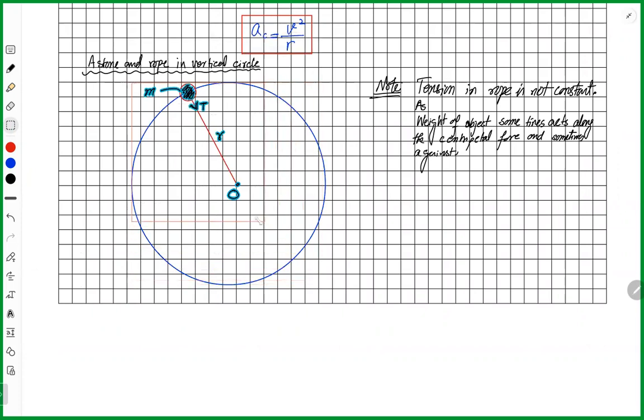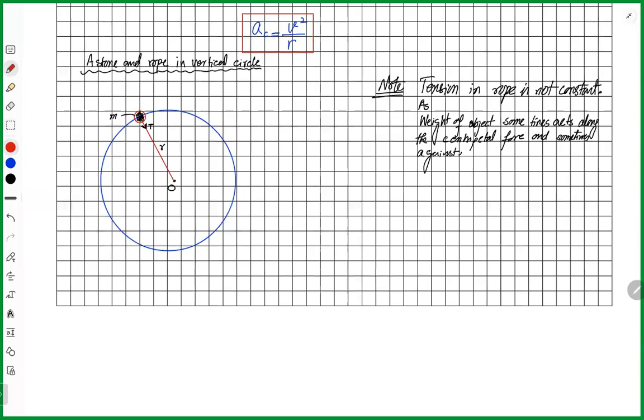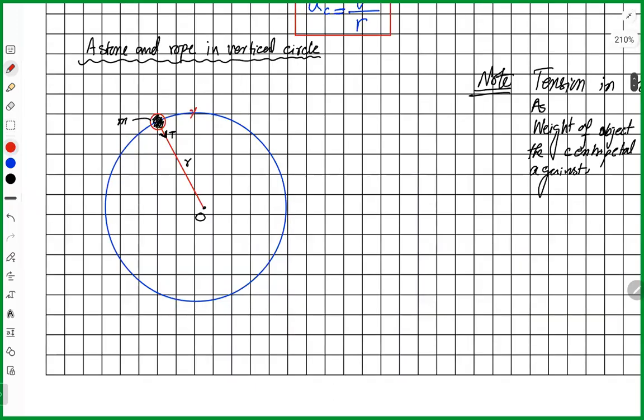Let me reduce the size of this thing. Now let's say this is position A. This is position B, the lowest possible position.